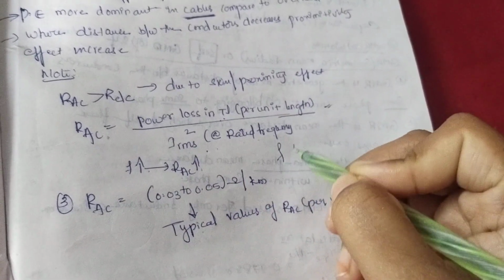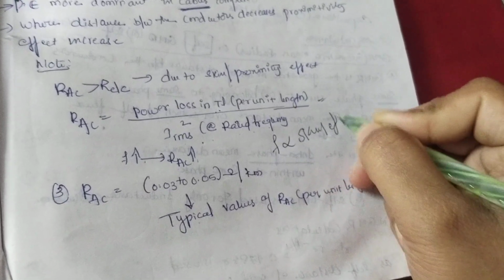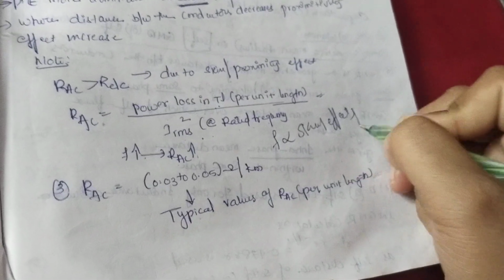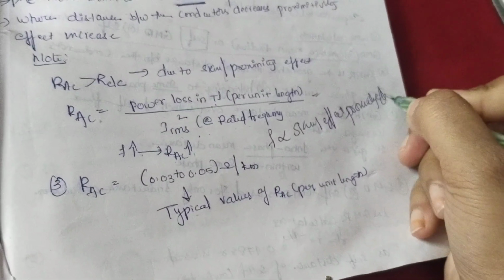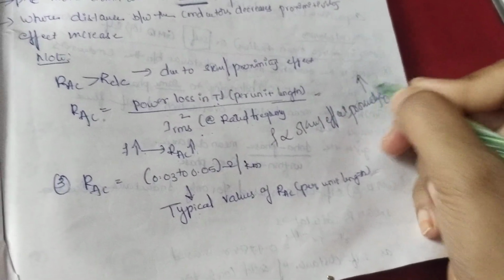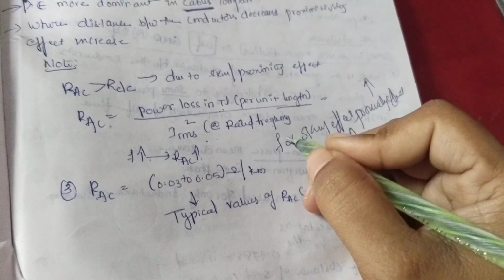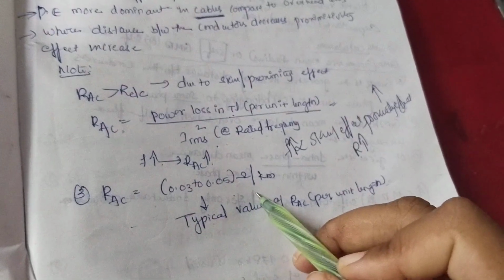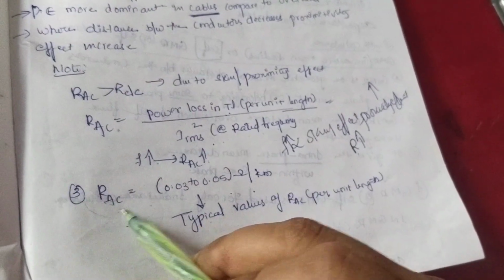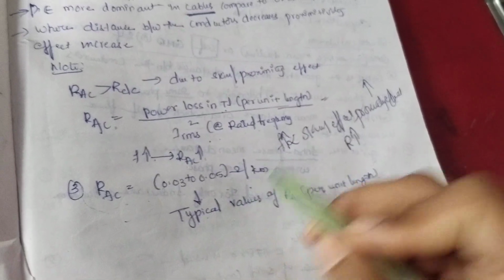Because frequency is directly proportional to skin effect and proximity effect. So if these two increase, R increases. If R increases, the loss also increases. So R_AC, the resistance of an AC system, will be 0.03 to 0.05 ohms per kilometer.